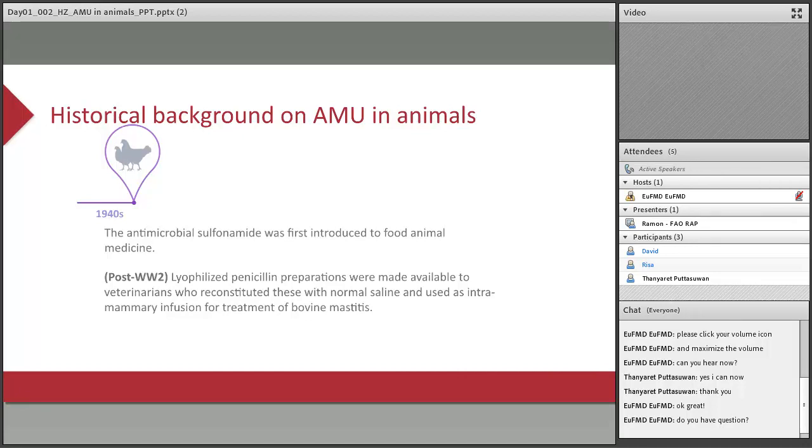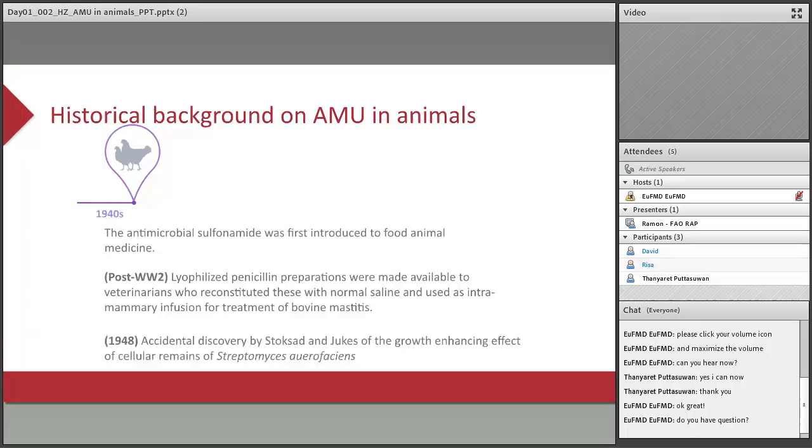Okay. Just some background information on antibiotic use in animals. Actually, the first antimicrobial identified to be used in food animals is this one. Sulfonamide is the first one introduced to food animal medicine.